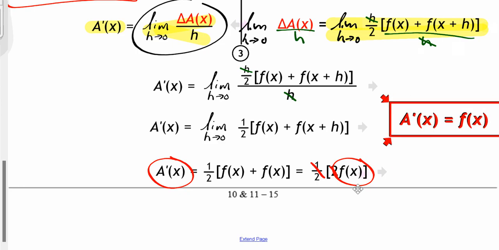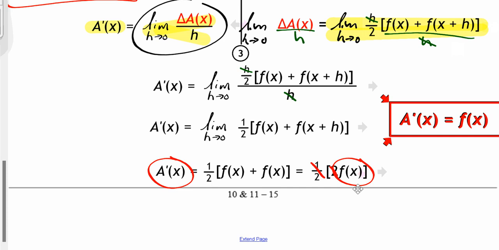So the derivative of my area function is the curve that's at the top of that area. We're just going to use the idea. This is just to convince ourselves why it's true. Is this exact? It's exact, right?